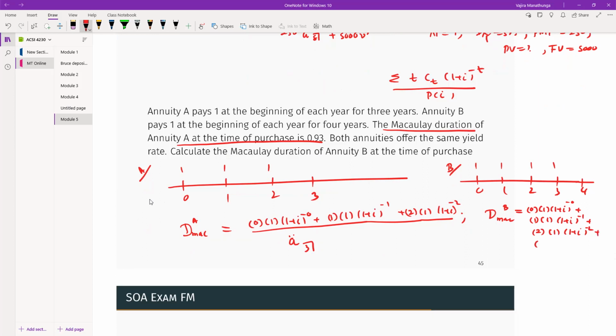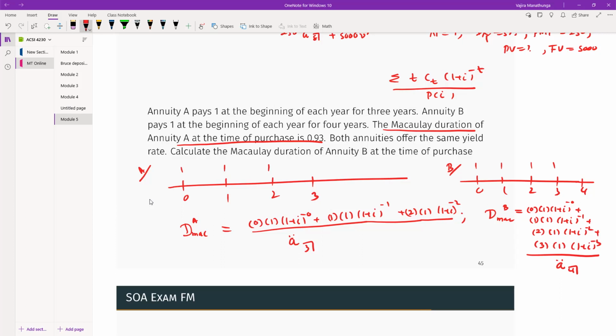You can see the time 3 you are going to get a payment. So t times C_t is 3 times (1 plus i) to the negative 3, divided by price, which is annuity due for ending in 4.